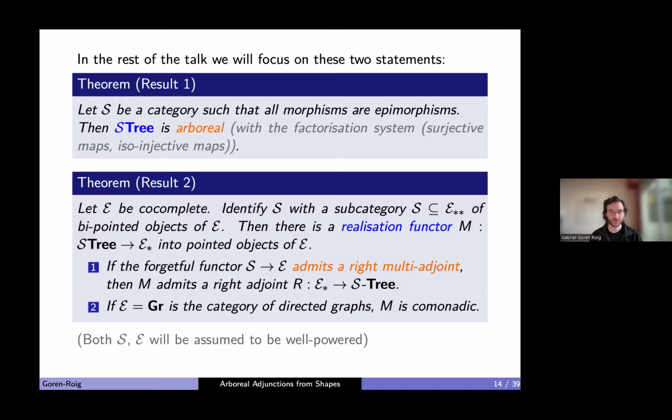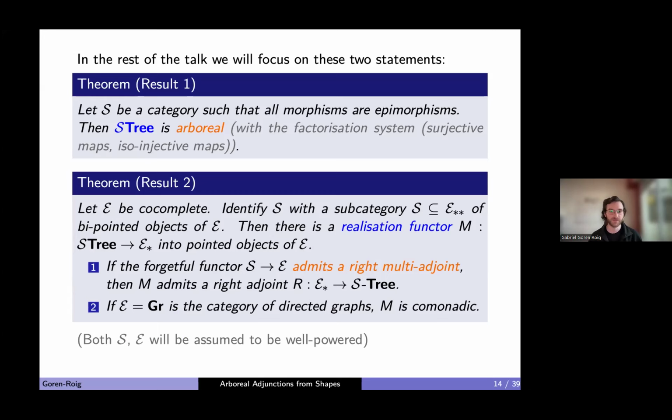There are two results. The first one is if we start with the category S. Notice that S is not a class of graphs, or a class of anything really, it's just a category. We will require that the morphisms are epimorphisms. Then there's an associated category of shape-labeled trees, which is arboreal.